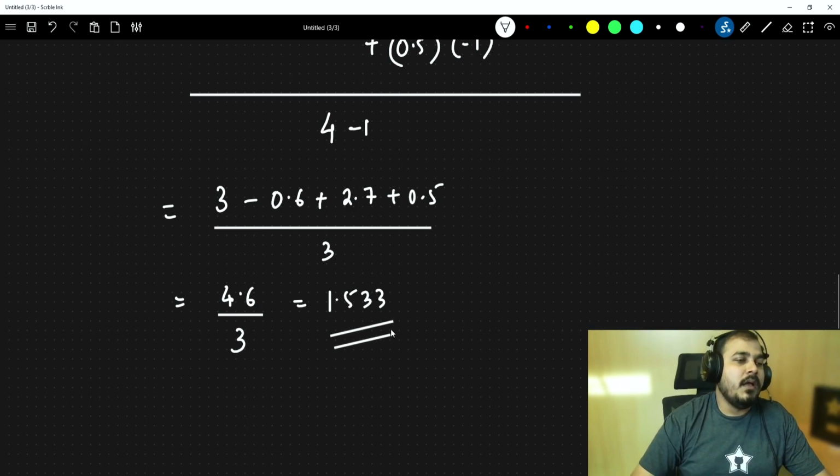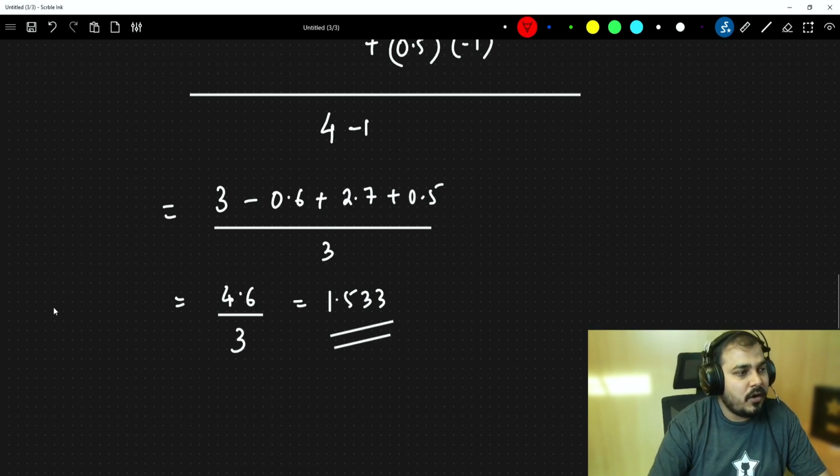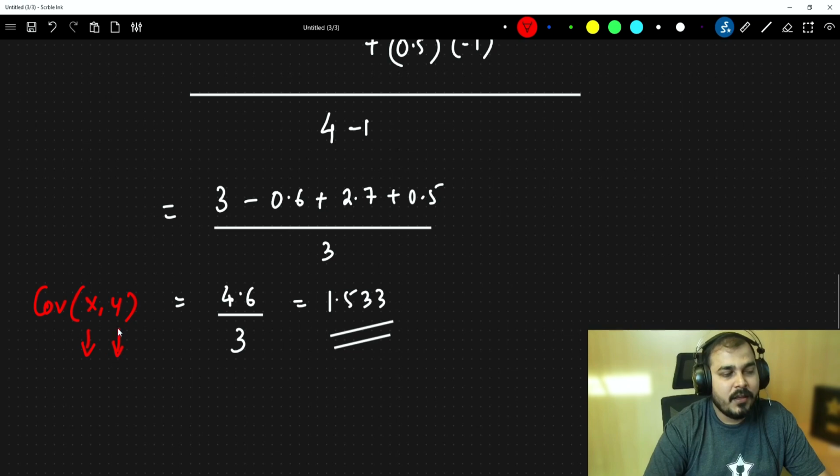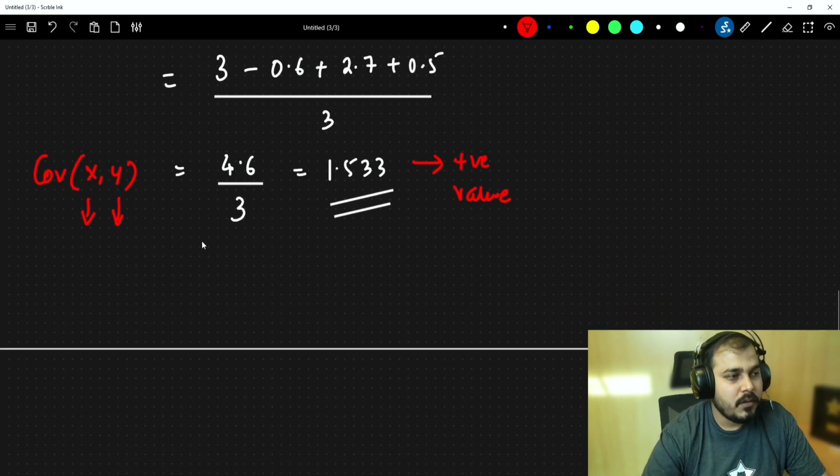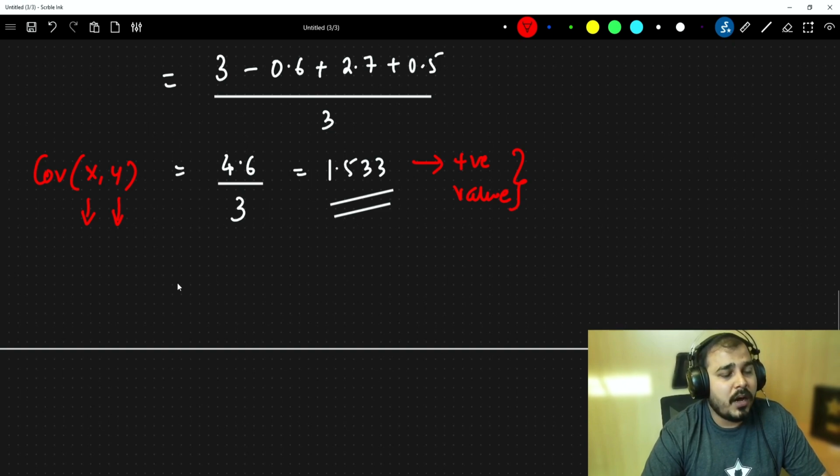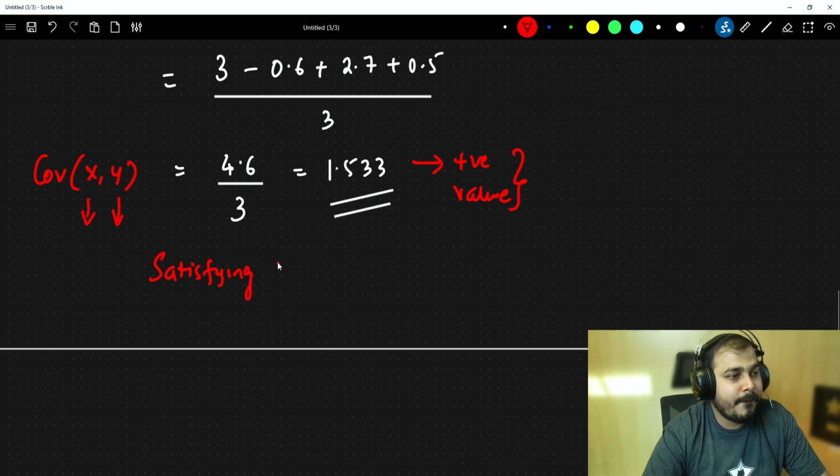This is your answer for the covariance of x comma y, where x is your economic growth and y is your Nifty 50 index. Since this is a positive value, two things you can take out from this. You are satisfying two conditions.